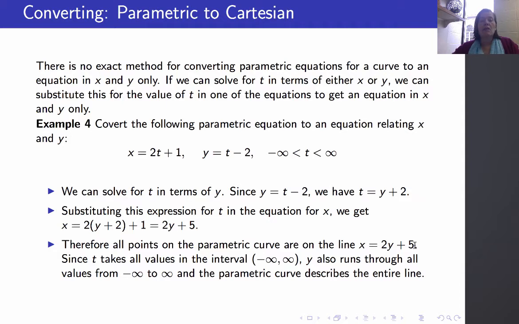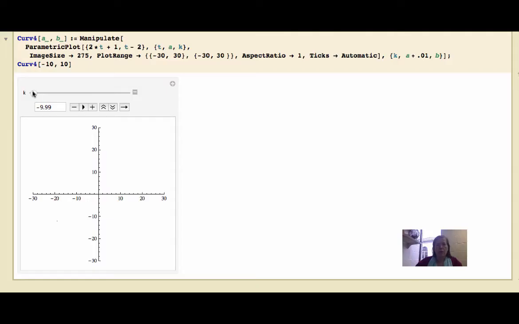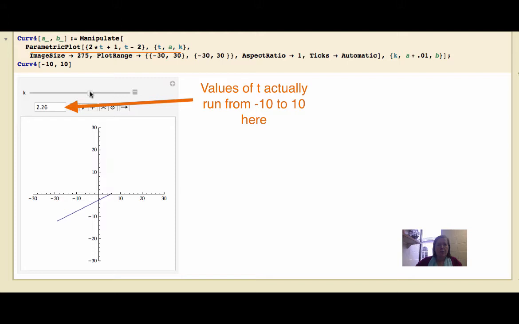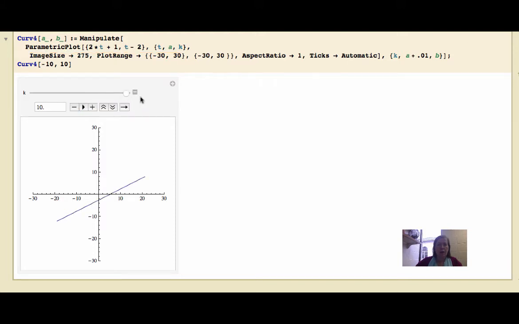And since t takes all values from minus infinity to infinity, and y equals t minus 2, y also takes all values from minus infinity to infinity, so the graph of the parametric equation is the entirety of this line. And here we see that as t runs from minus 6 to 10, the graph of this parametric equation coincides with the graph of the line.